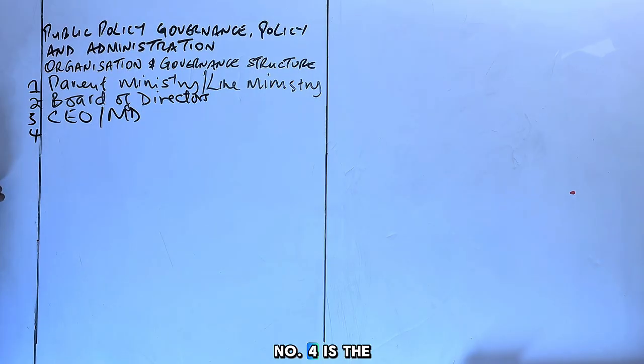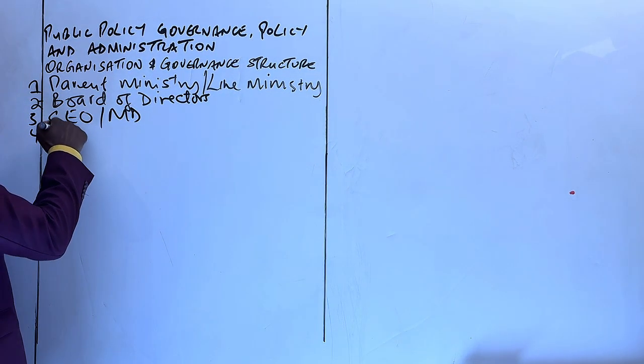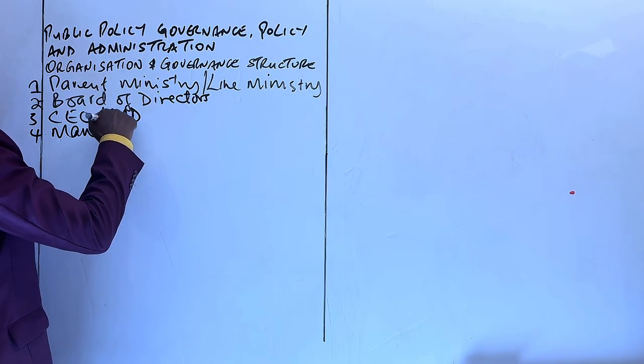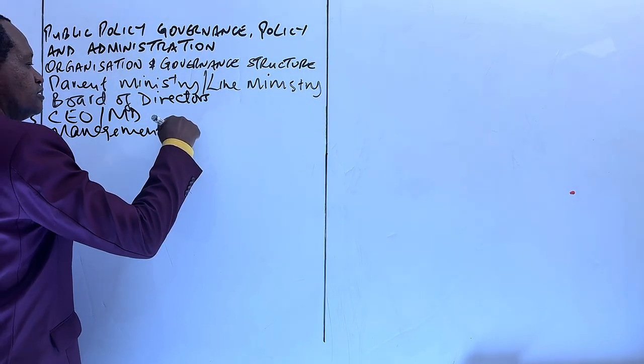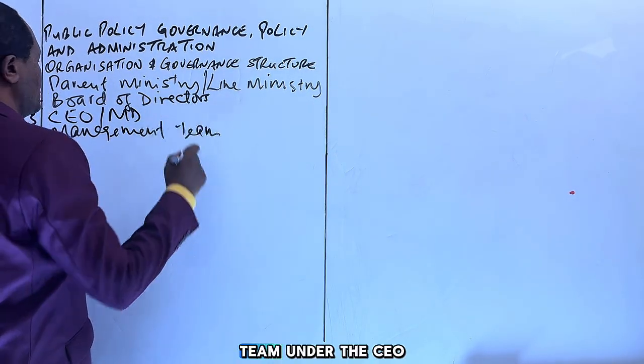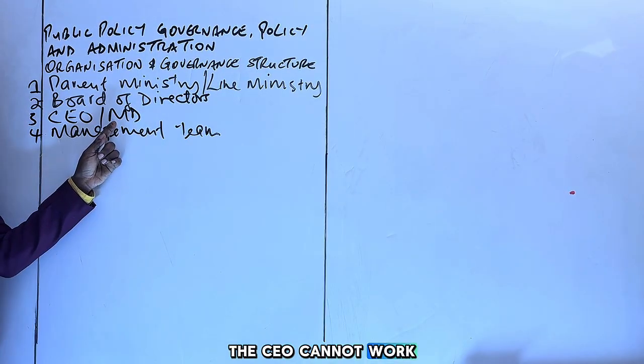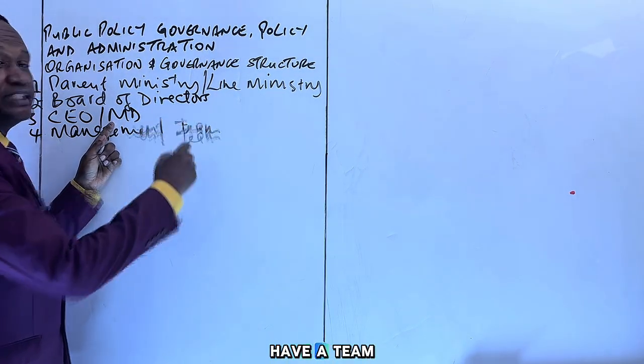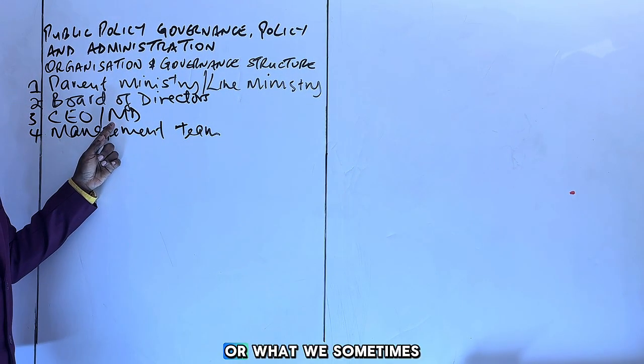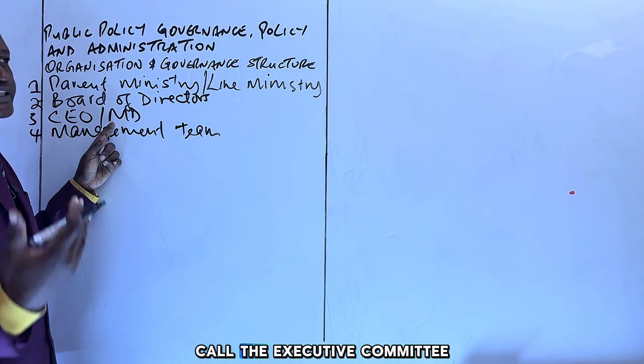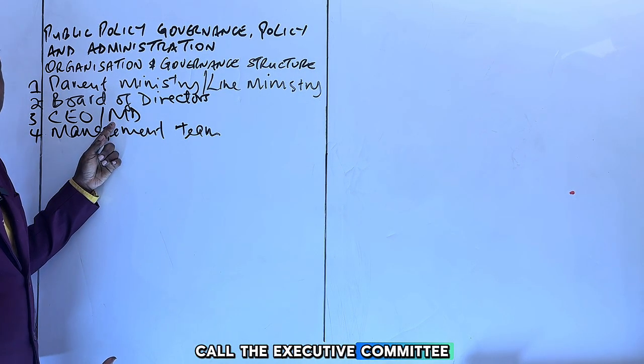Number 4 is the management team. Under the CEO cannot work alone. The CEO needs to have a team, or what we sometimes call the executive committee.